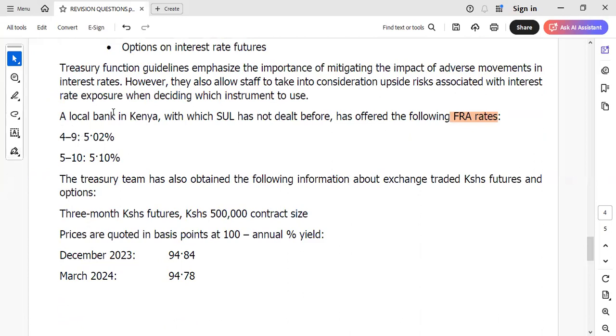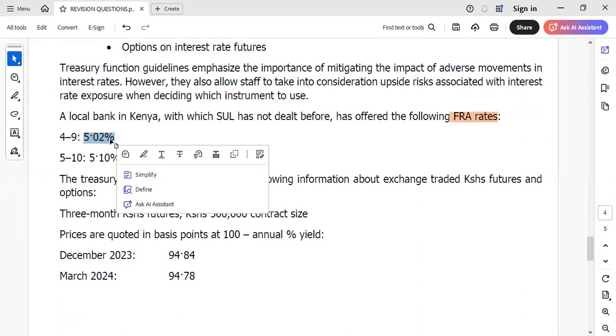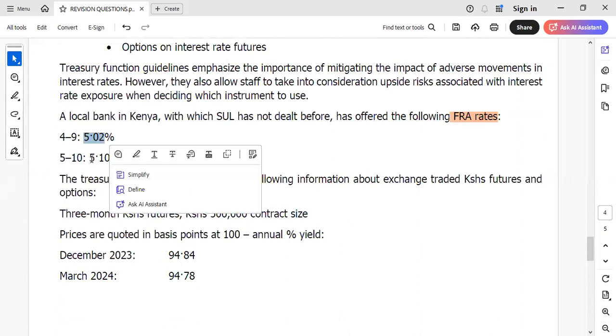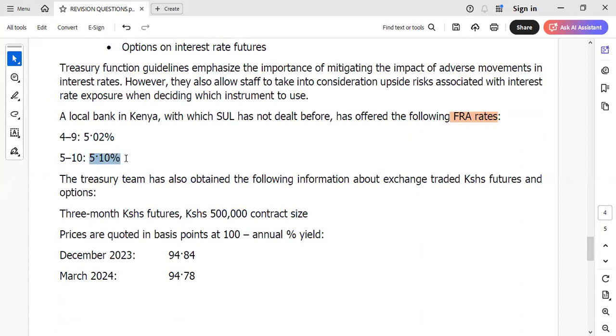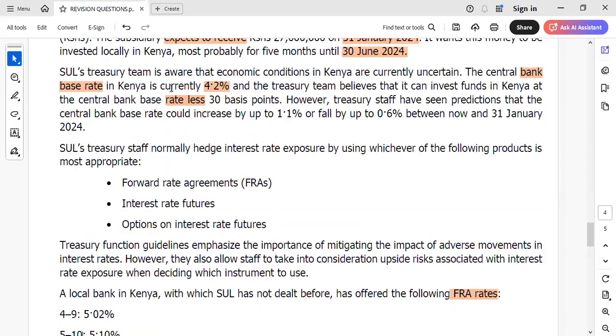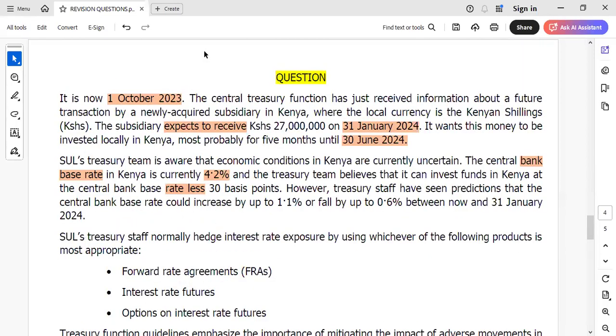So the question is, are you going to enter into an agreement with the banker to fix the rate at this or to be at this? So you need to know which rate is applicable to the question you're handling. Okay, and how do you know that?